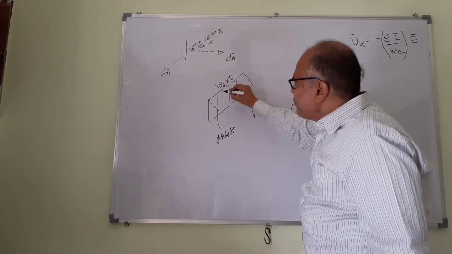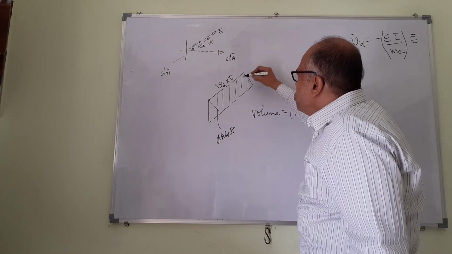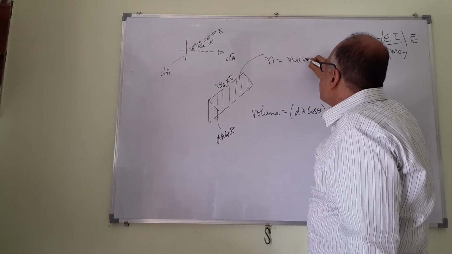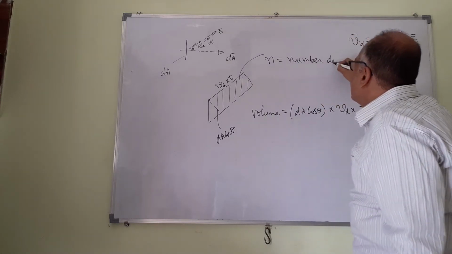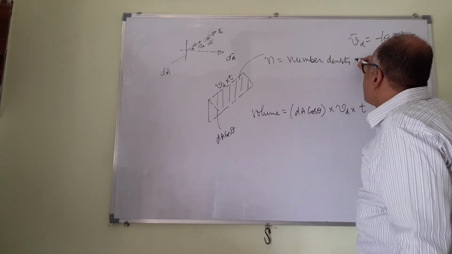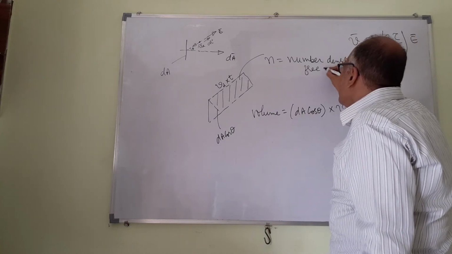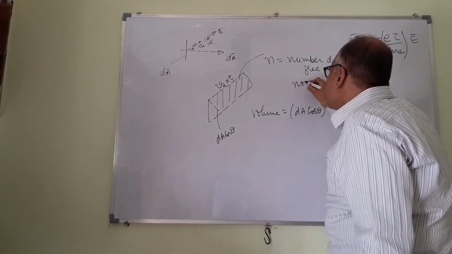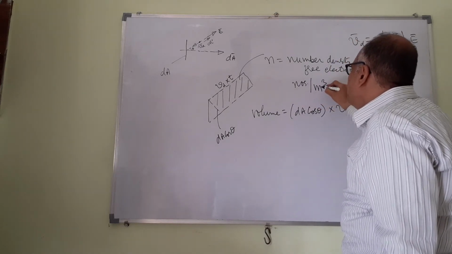Now there are several electrons within this volume. So we assume N, which is called the number density of free electrons. It is in numbers per meter cube.